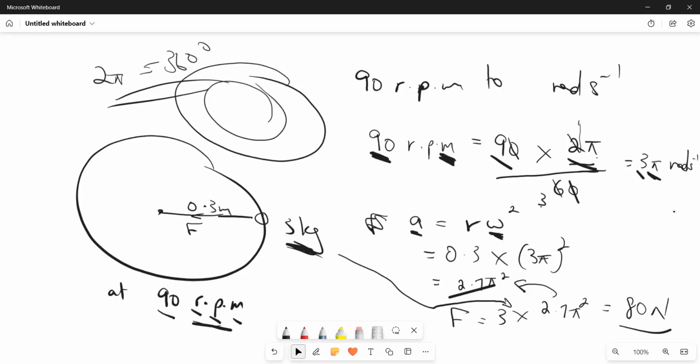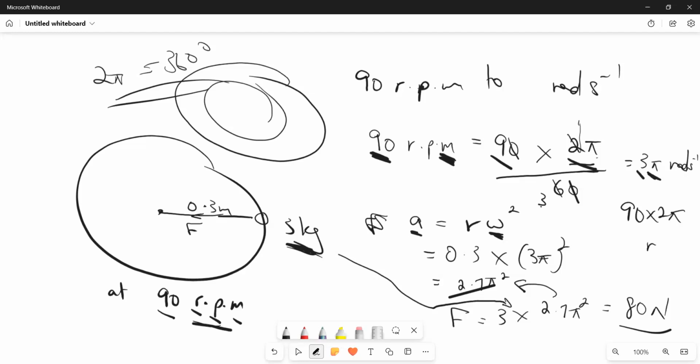You have to divide by 60. Well, I think that sounds confusing. If you convert 90 revolutions per minute to radians per minute, you will get 90 times 2 pi.